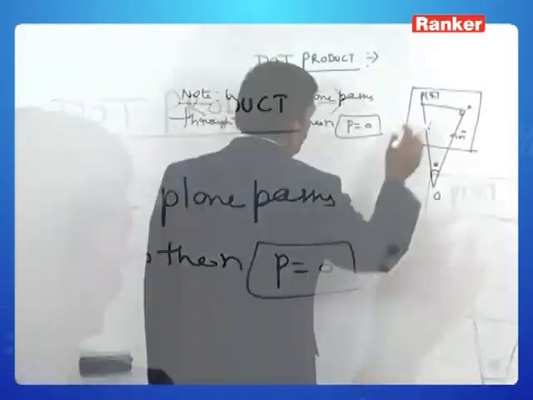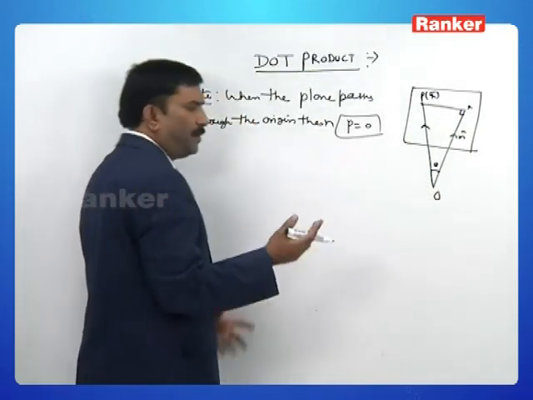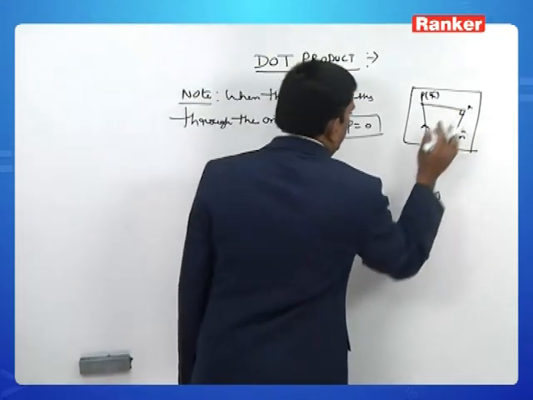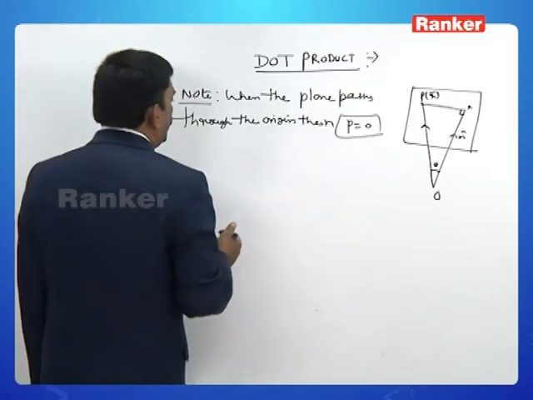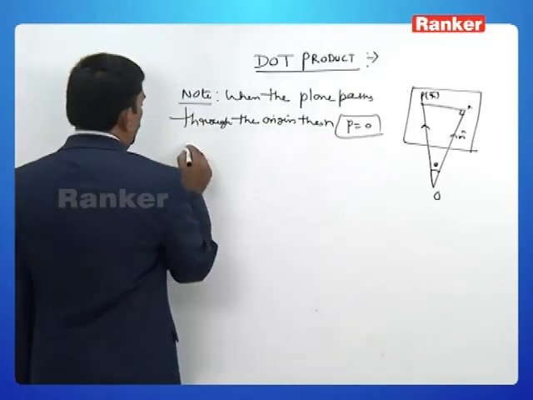The perpendicular distance is 0, because the plane will coincide with the origin. So p is equal to 0.